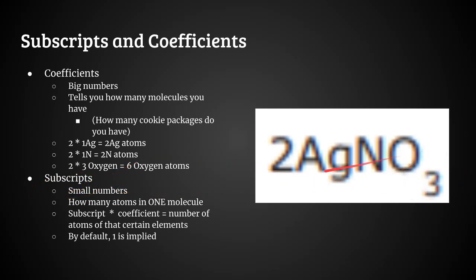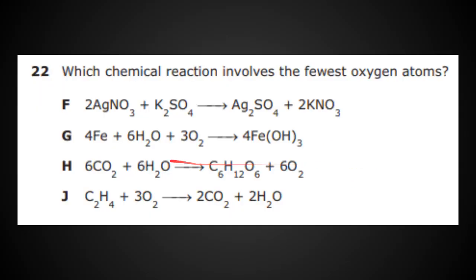They'll tell you how many atoms are in one molecule. So we multiply that 2 times the 3, and we get 6 oxygen atoms. And 1 is implied, obviously.